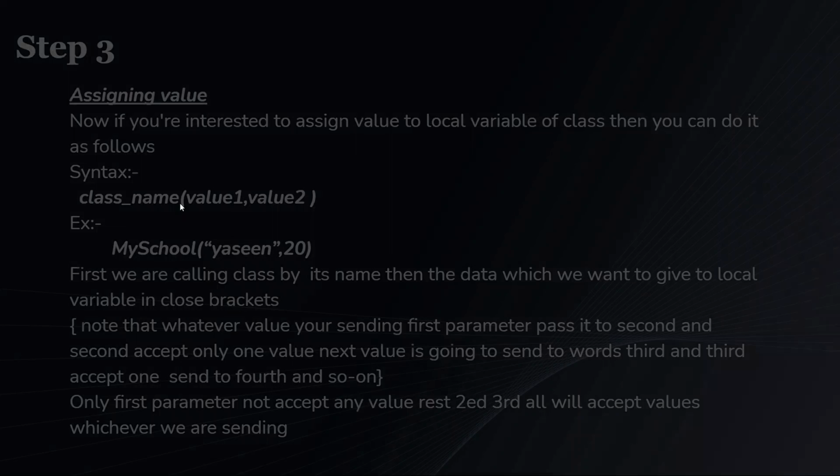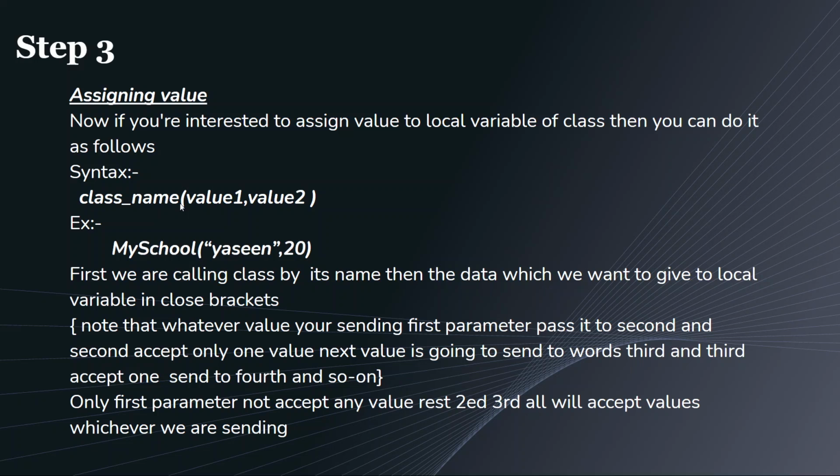Let's move ahead. Step number 3. Assigning value. Now if you are interested to assign value to a local variable of the class, then you have to follow a syntax. And what is that syntax? To assign value you have to take the class name, then the value which you want to store in that local variable.